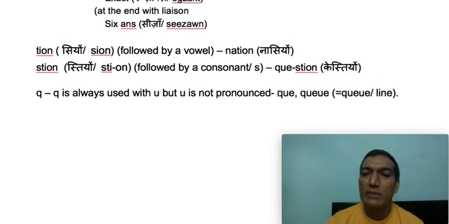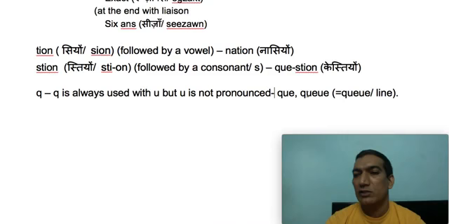So que means that, to link two sentences, and another word is queue, which means queue. In fact, the English word queue comes from French queue. So both of them are pronounced the same. There's a difference, but they are both pronounced similarly. Queue means queue or line.